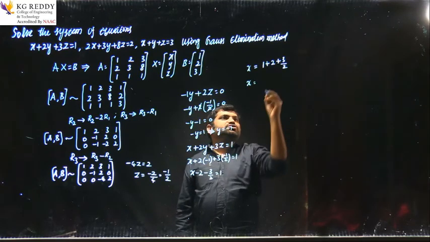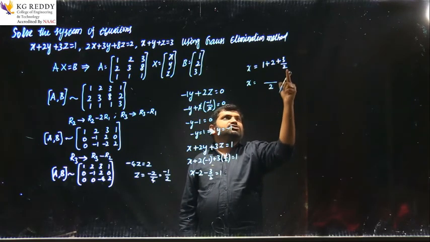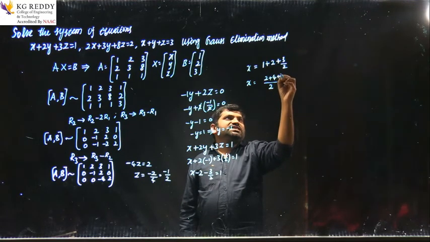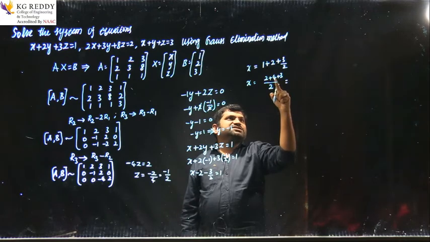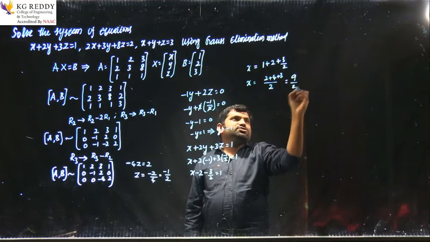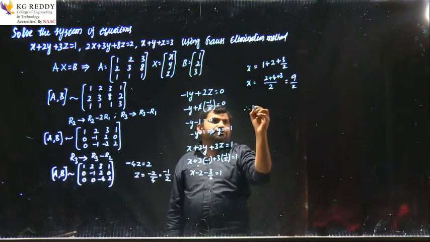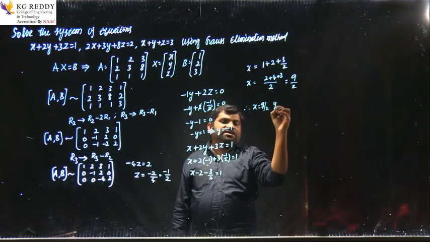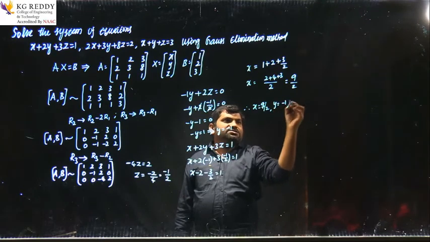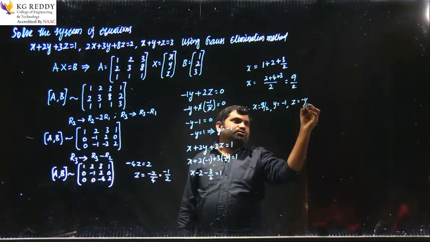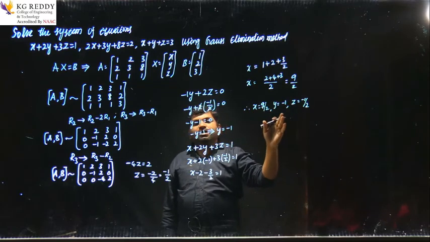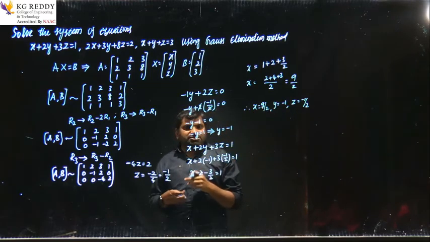Therefore x equals 9 by 2, y equals minus 1, z equals minus 1 by 2. This is the x, y, z value by the backward substitution method.